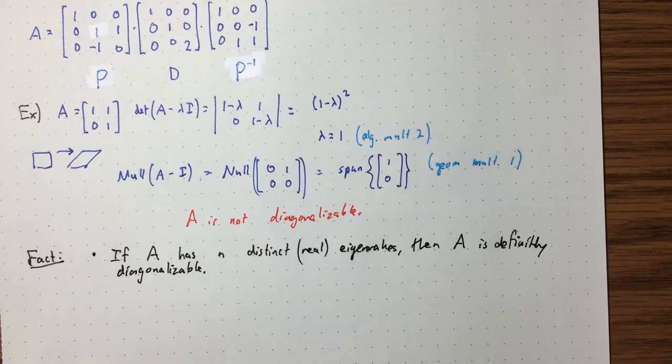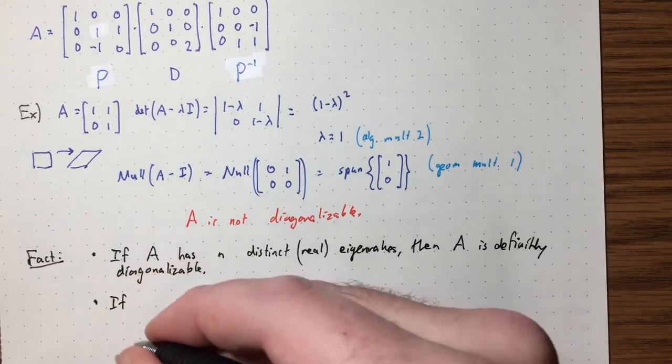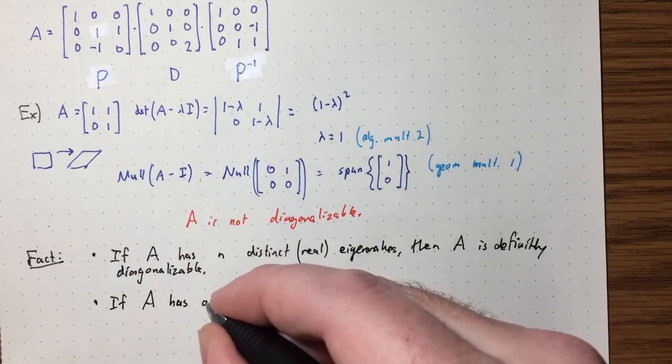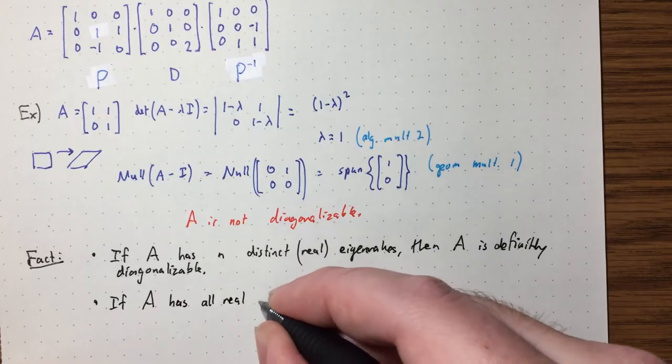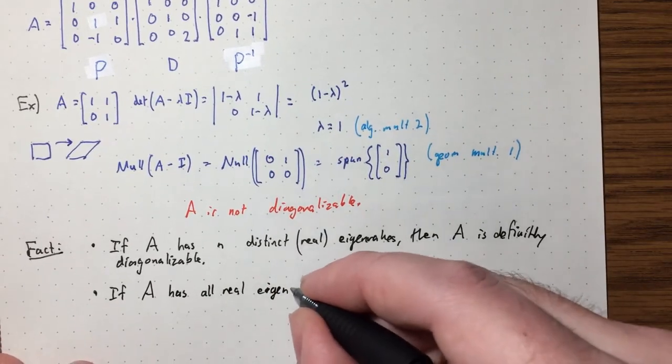What if we have fewer than n? So if A has, first of all, we need all real eigenvalues to have any hope at being diagonalizable.